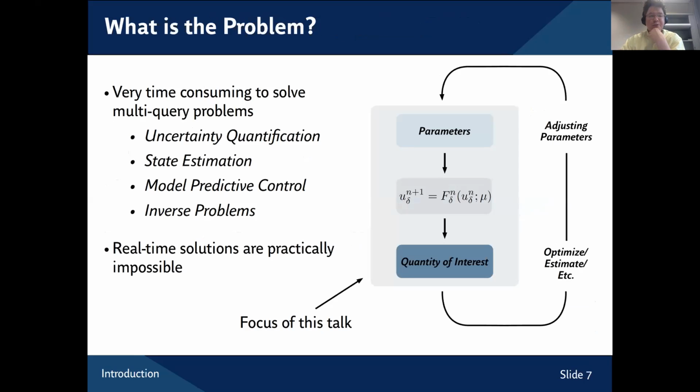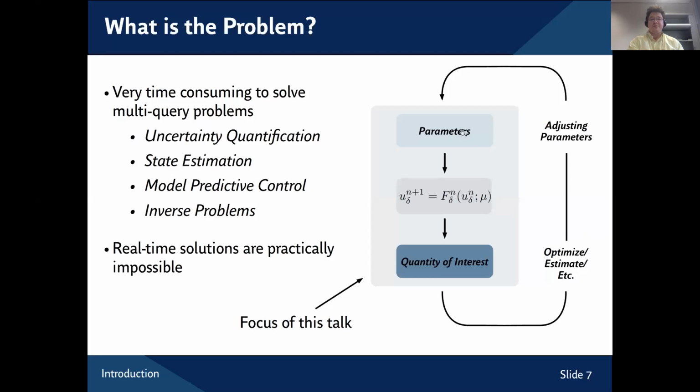So the problem with these kinds of problems is that they are inherently very time consuming to solve, especially if you are looking at multi-query problems such as uncertainty quantification, state estimation, model predictive control, inverse problems, and so on.